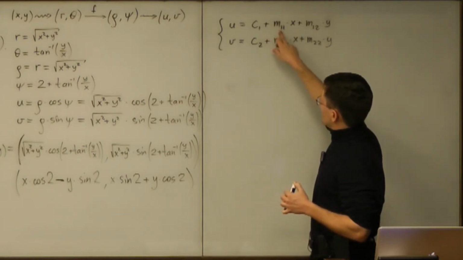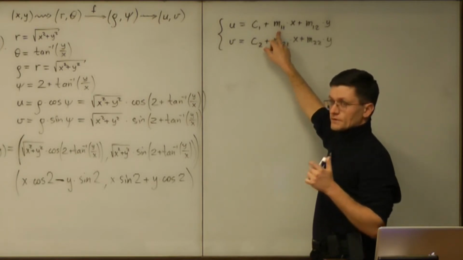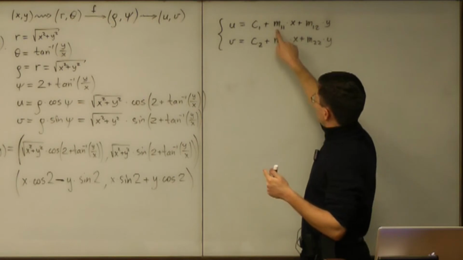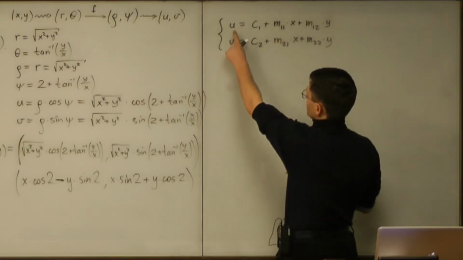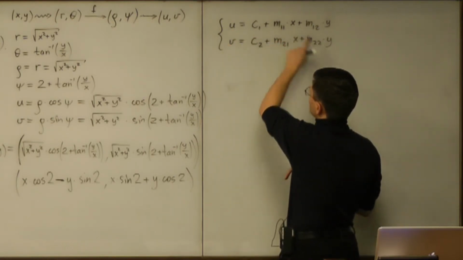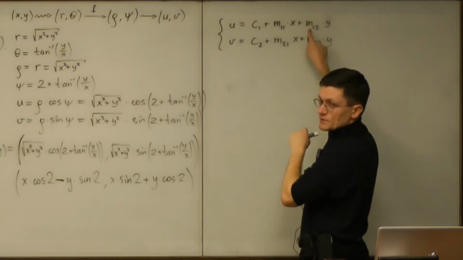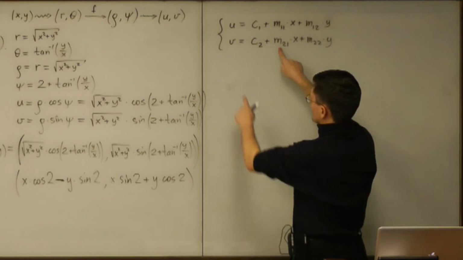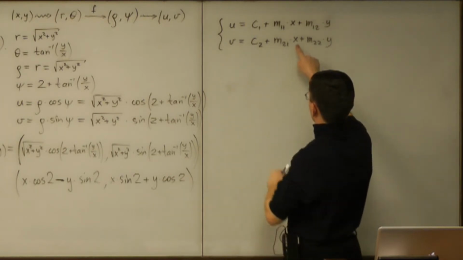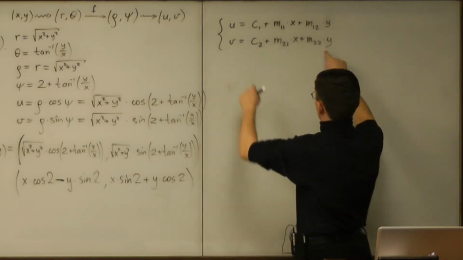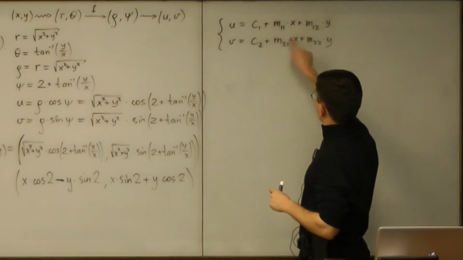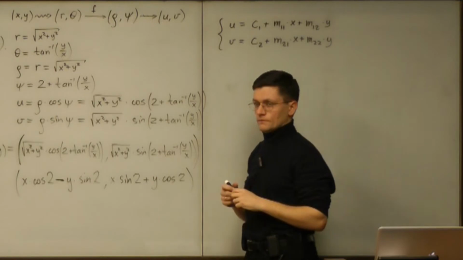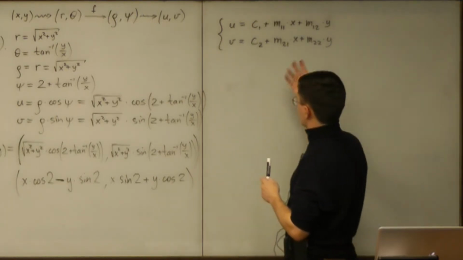The meaning of m11 is the rate of change, and that's the key concept in calculus. m11 represents the rate of change of u with respect to x. m12 represents the rate of change of u with respect to y. m21 the rate of change of v with respect to x, m22 v with respect to y. So these four numbers are going to be of central main importance for the whole calculus course for that reason.